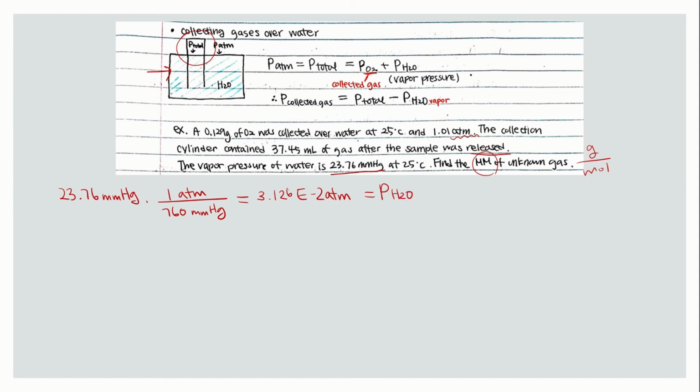Now you have to find the pressure for oxygen, in this case the collected gas, which is the total pressure minus the vapor pressure.